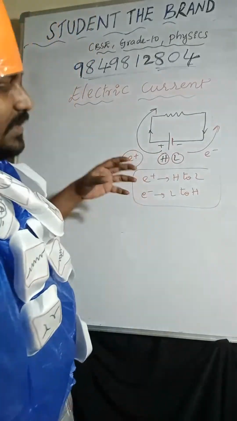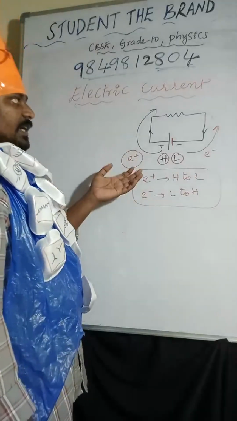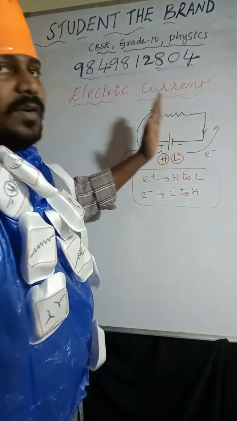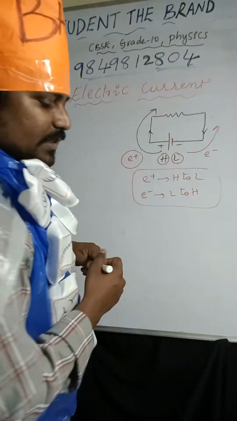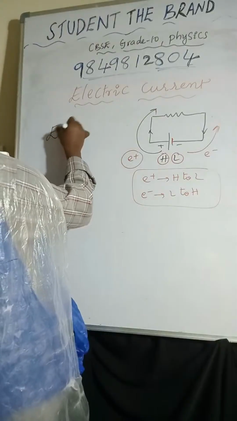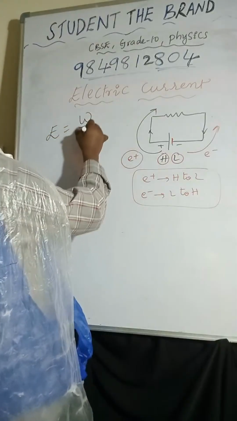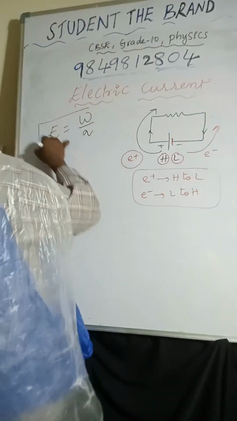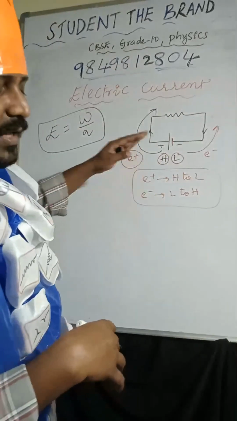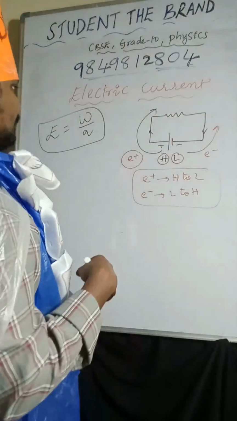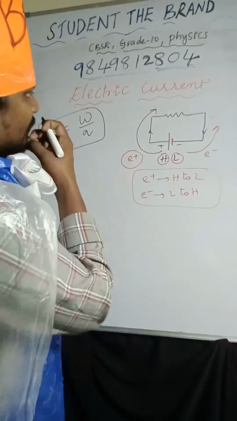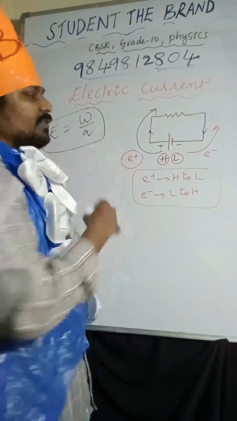The influence that can move the positive charge from the negative terminal to the positive terminal is called EMF, electromotive force. EMF is nothing but the work done on a positive charge to move it from the negative terminal to the positive terminal in the cell. That is called EMF.